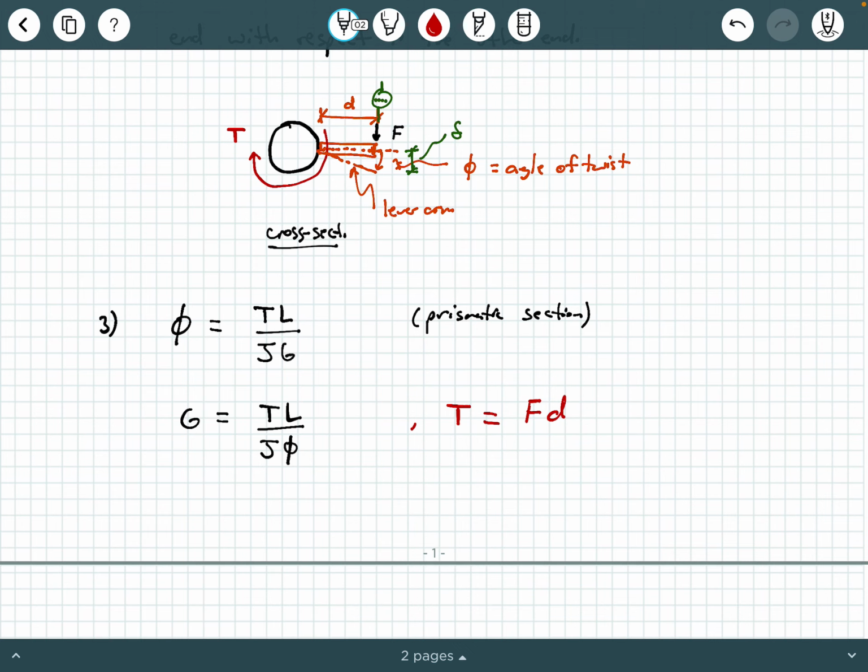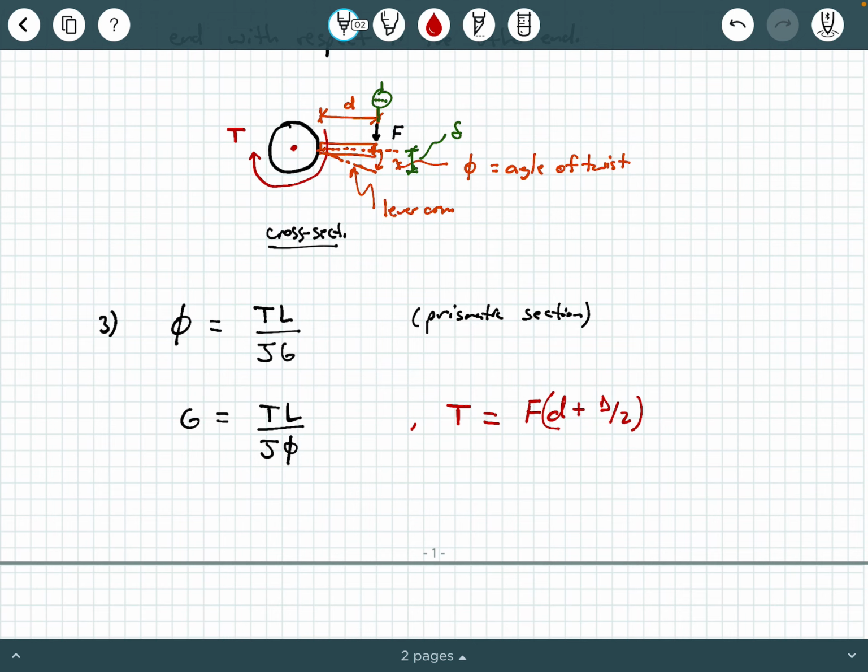Now, depending on how big your cross section is, if you have a specimen that has a fairly big cross section, then what you really need to include there is the lever arm distance little d plus the diameter over 2, because you really want to look at rotation about the center point right here.